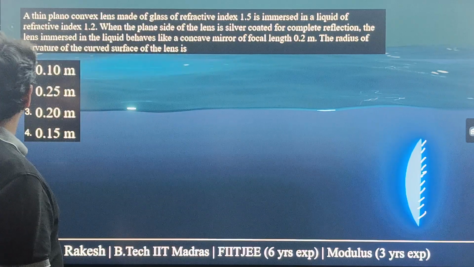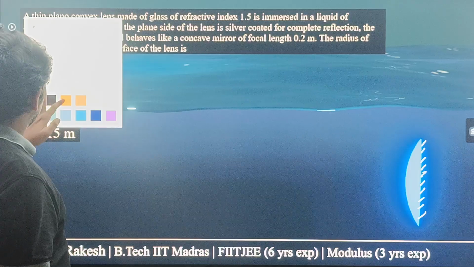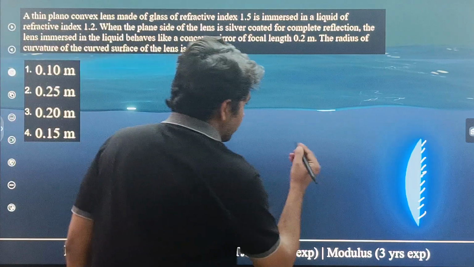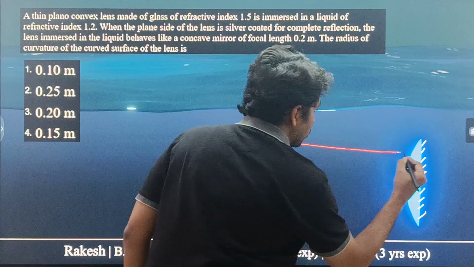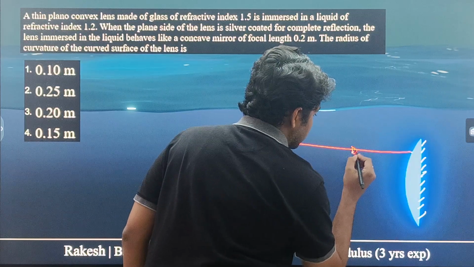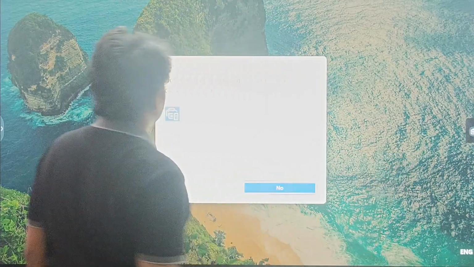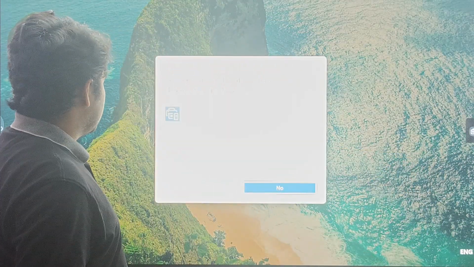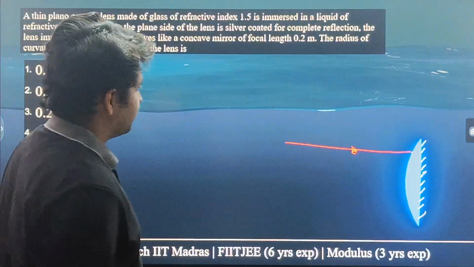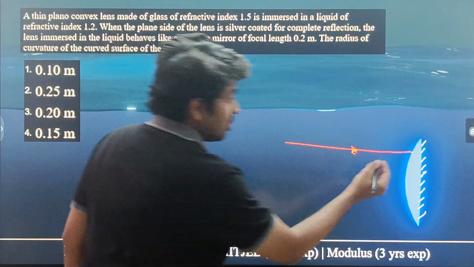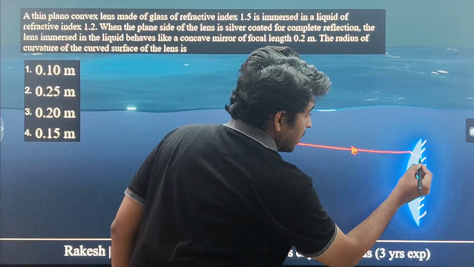Let us just see the diagram for this. Let's say we have a parallel ray going like this.